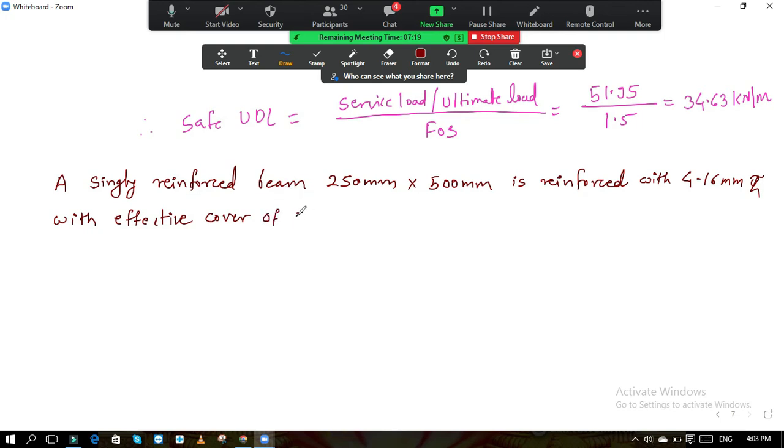Now here the effective cover is given directly, 50 mm, full stop. Effective span of beam is 6 meter.